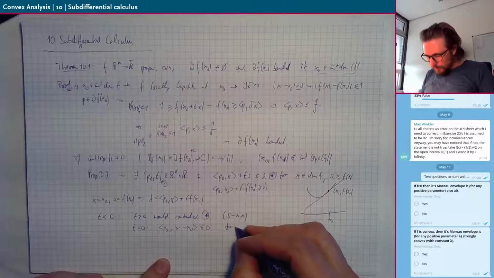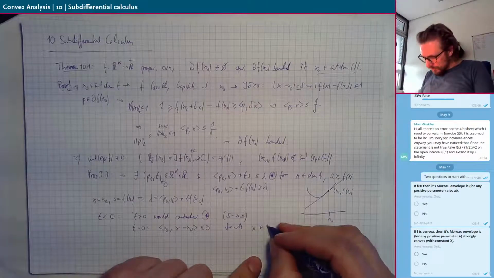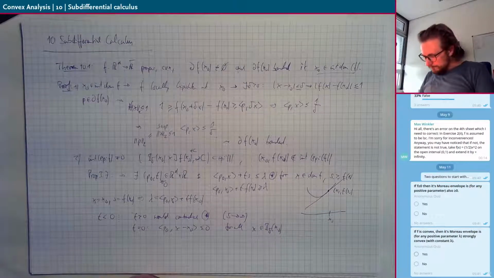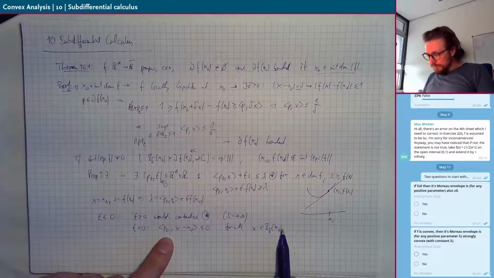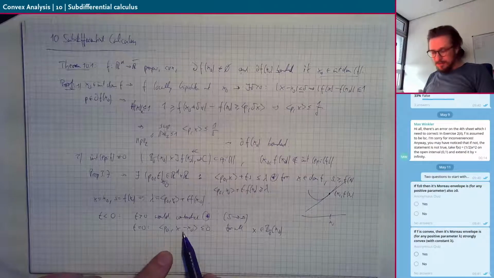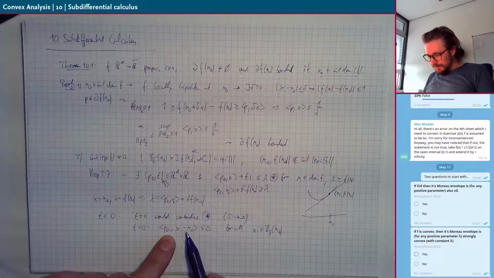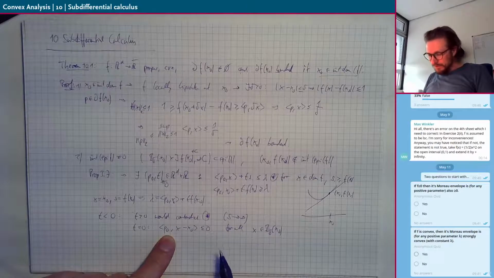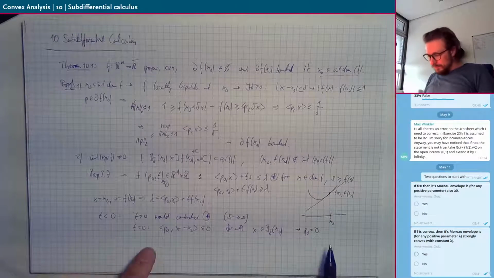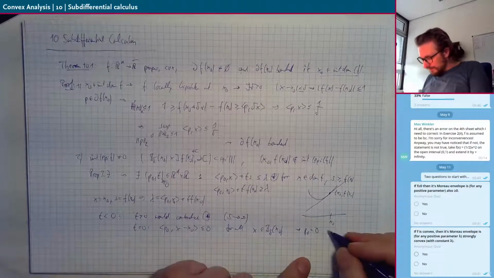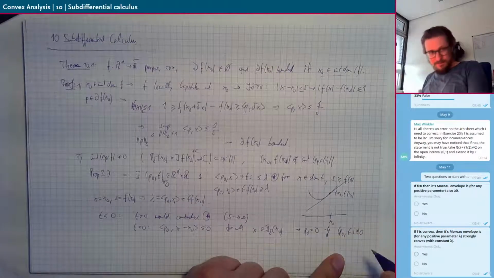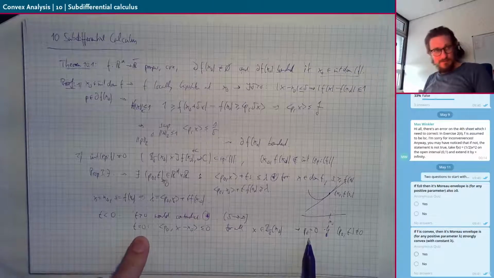And this would hold for all x which are at most delta close to x0. But it would hold in a full open neighborhood of x0, and then we see that this vector can point in any direction, so that would imply that p0 would be 0. So they both would be 0 simultaneously, and this contradicts the known fact that the tuple is not 0, so they can't be 0 at the same time.